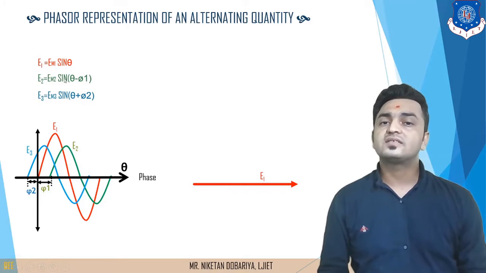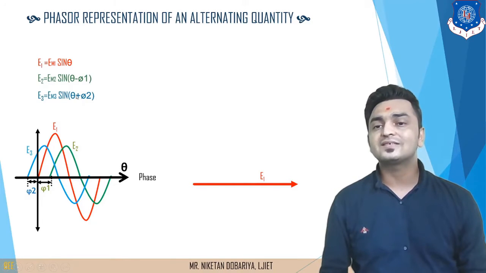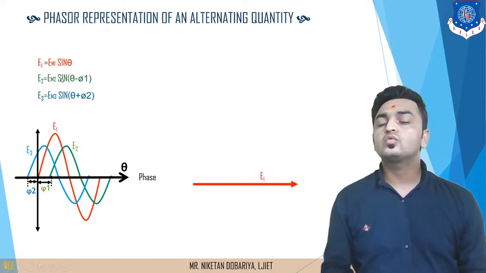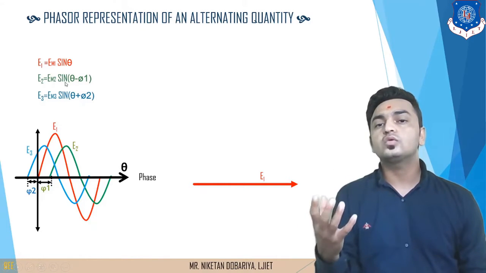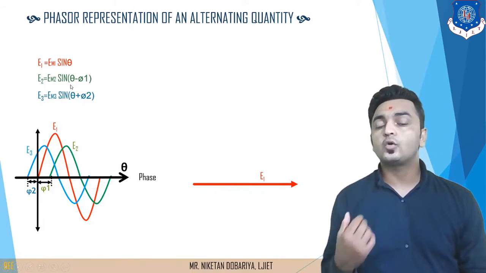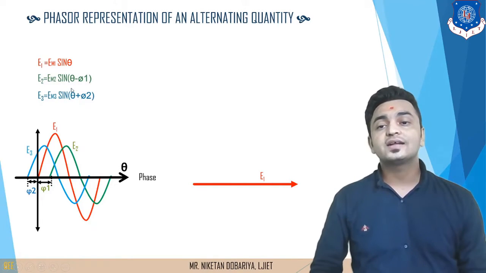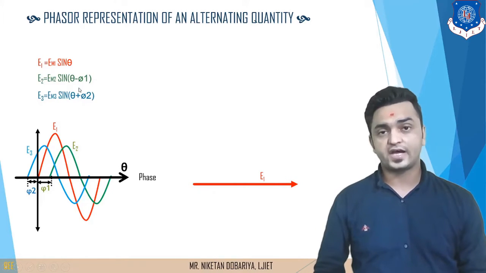If we consider the second voltage, it has a magnitude of Em2. By considering this magnitude we define its respective length, and with that length we plot a vector at a particular angle, which is defined by this minus phi 1.